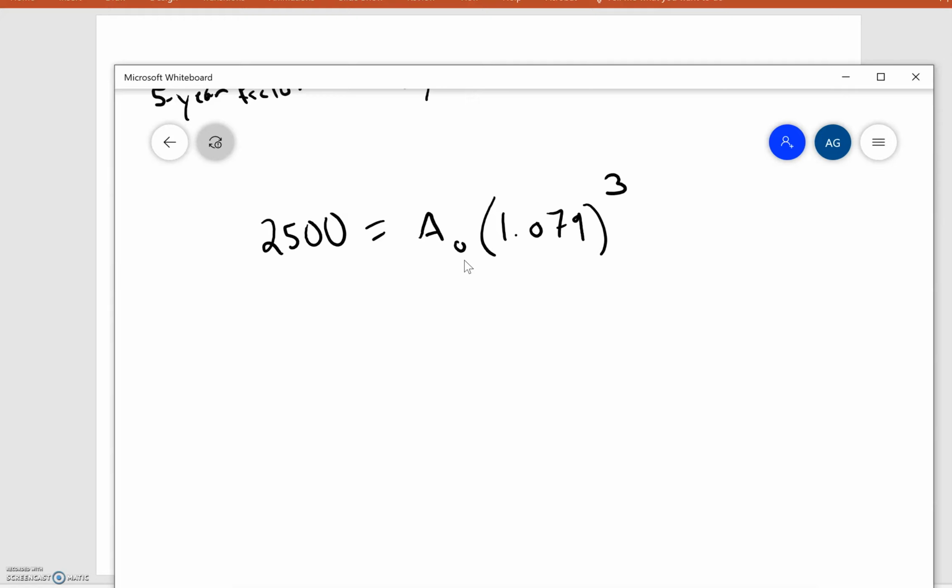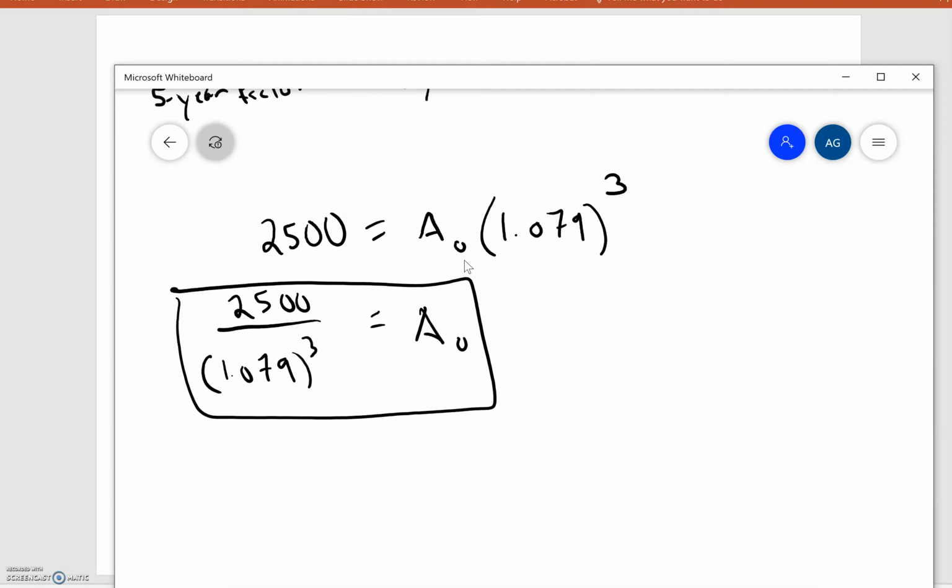So you see how this is a different unknown that we're looking for. This is the thing we're trying to find. So I'm going to just solve this algebraically. I'll still go to the calculator to actually get the value, but that's what I need to compute: 2,500 divided by 1.079 to the third power.